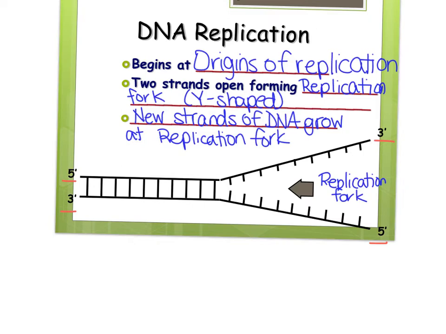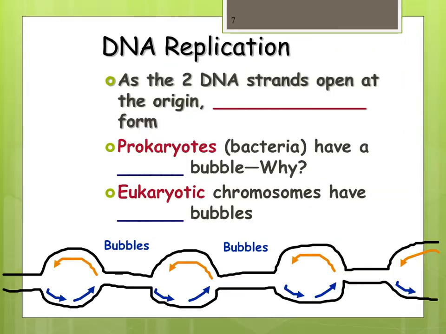So as DNA replication begins, you heard them talk about something called the bubble. As the two strands start to open up at the origin, replication bubbles form. Prokaryotes, which are bacteria, have only a single bubble.